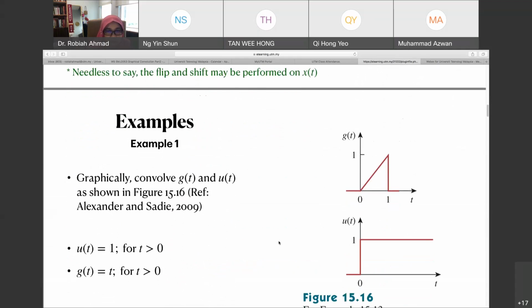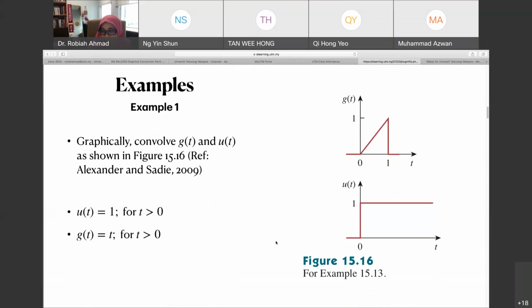Okay class, we have this example. Let's say we have two signals. The first one is g(t), which is a sawtooth, a sawtooth diagram with gradient 1.